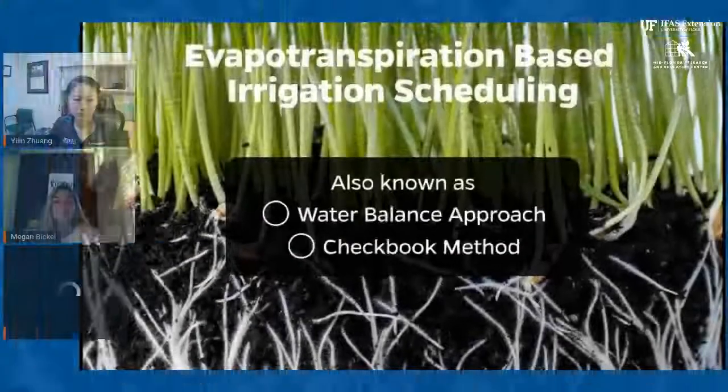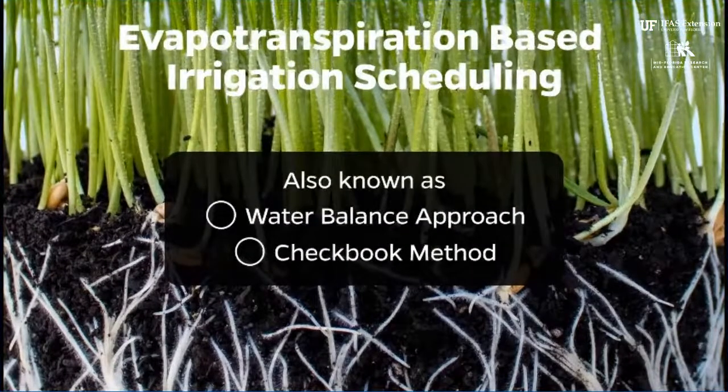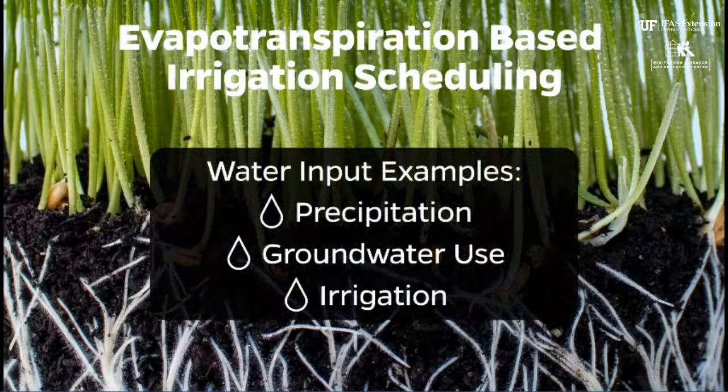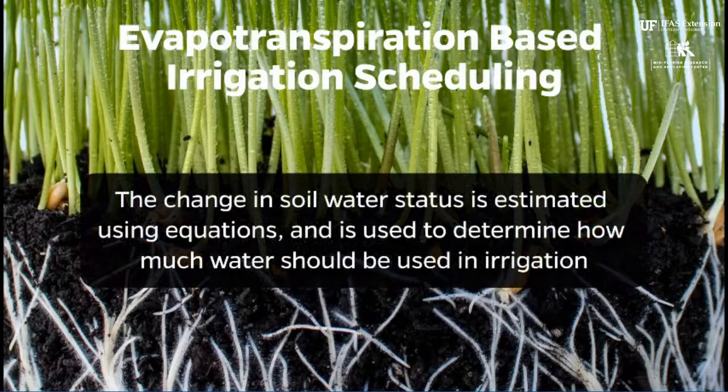The evapotranspiration-based irrigation scheduling method, also known as the water balance approach or checkbook method, accounts for all the inputs and withdrawals of water from the soil, including precipitation, crop water use, irrigation applied, runoff, deep drainage, etc., to estimate the change in the soil water status in the crop root zone.